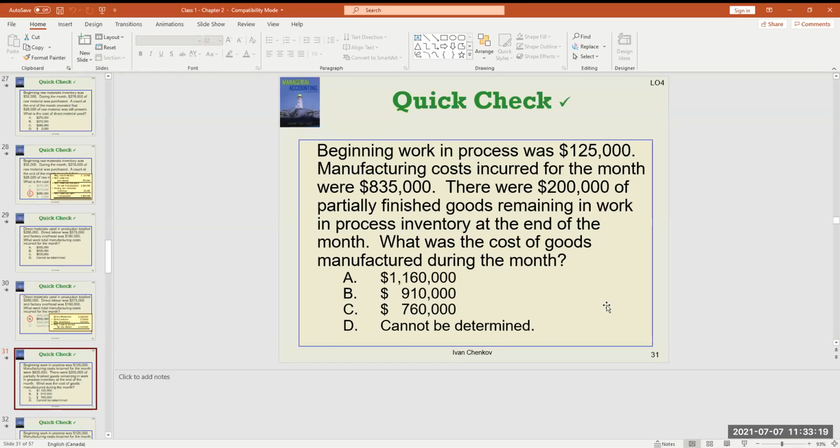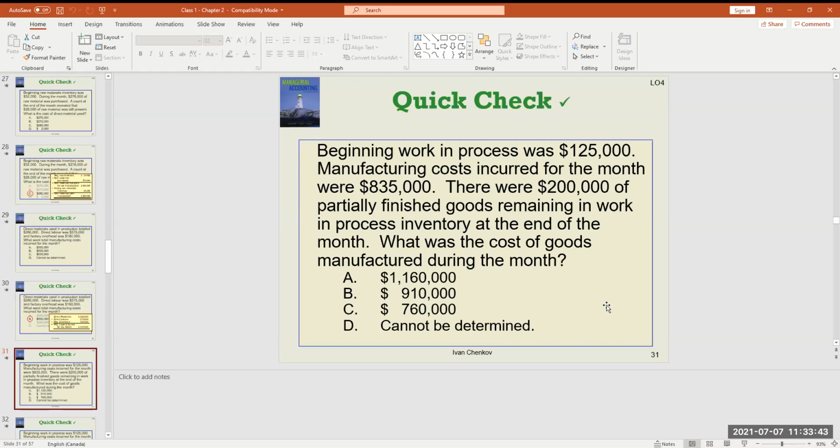$760. 760. How did you get it? I think it's 910. How did you get this number? What's the logic here? We have the beginning balance 125 plus 835. How much is it? 960. 960 minus the ending inventory, which is 200.